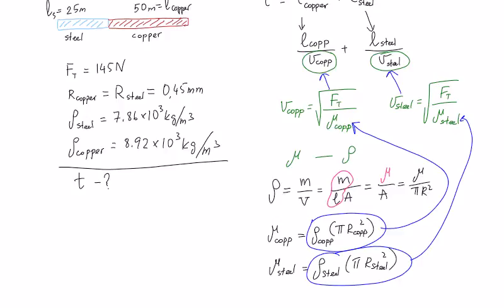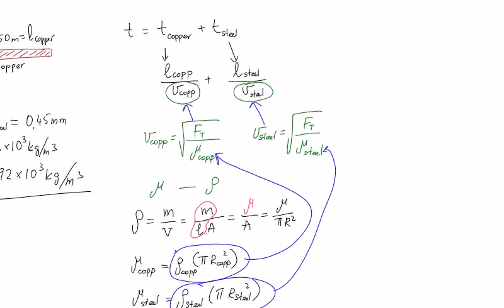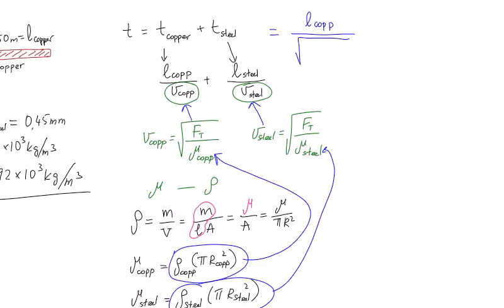Okay, so let's rewrite our equation with everything plugged in. So I would have time equals time of the copper, which is L copper divided by V of the copper, the square root of force of tension divided by rho copper times pi r copper squared.